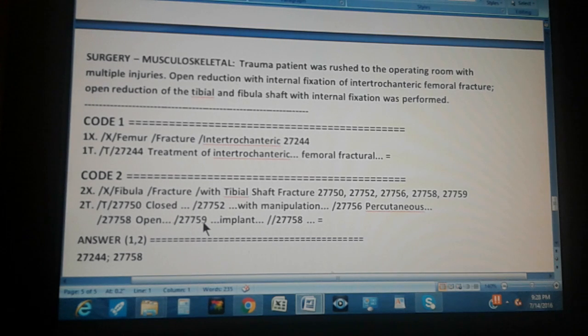The next one, 27759, says with implant, which we don't have in the text. So the best from all these 5 codes is 27758 because that's the open one. That's the one we want. So we go to the 27758 and we put an equal sign, meaning that we have double checked this code. So the answer is 27244 and 27758.